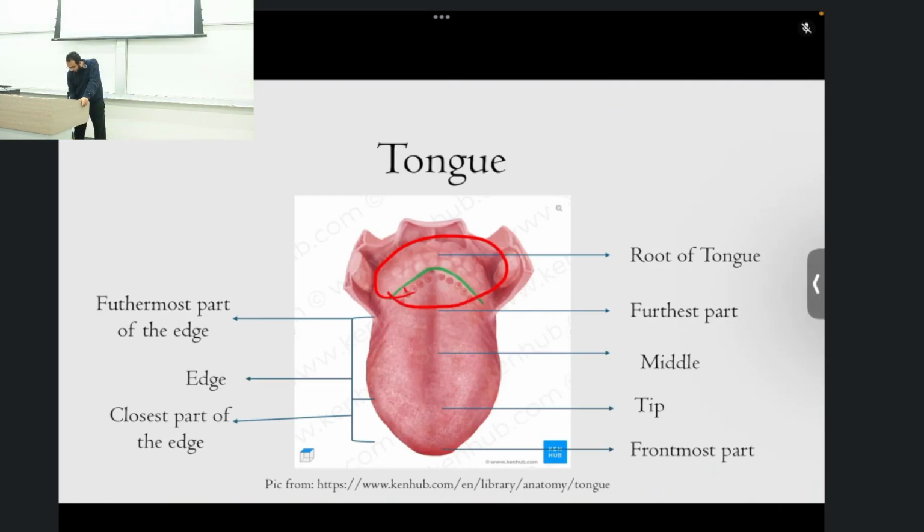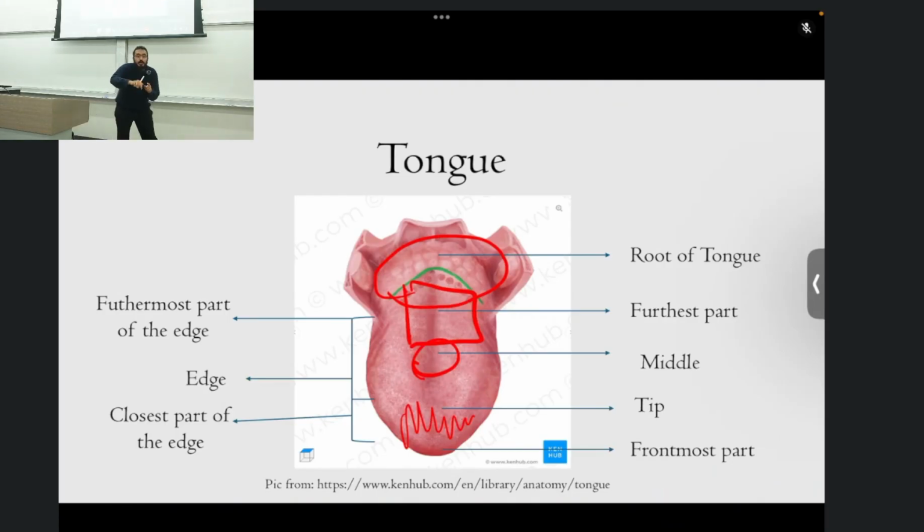Then you have the furthest part, the middle, and the tip is this whole thing. So when I say the tip of the tongue with the gums, this area. So when I say the noon comes from the tip of the tongue with the gums, then you know the tip of this is that part. Okay?